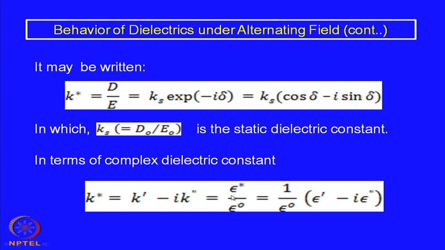In a DC field we do not use the complex permittivity, but in an AC field the same permittivity becomes a complex quantity with an imaginary term, and then we can write epsilon star equal to epsilon prime minus i epsilon double prime. Sorry, there is a little mistake: epsilon 0 should be subscripts, like k s.